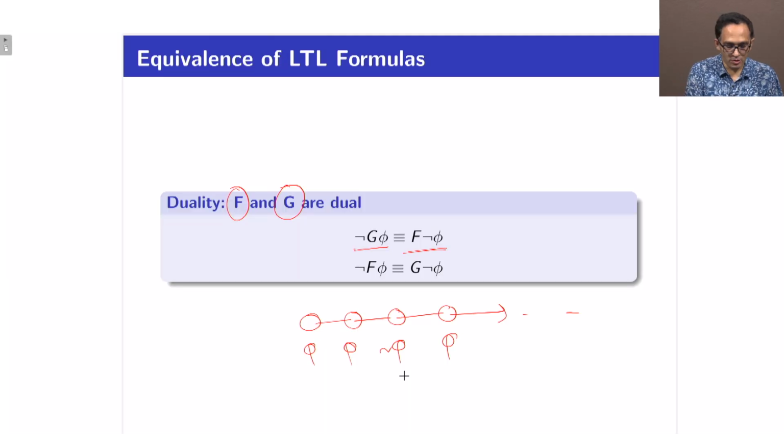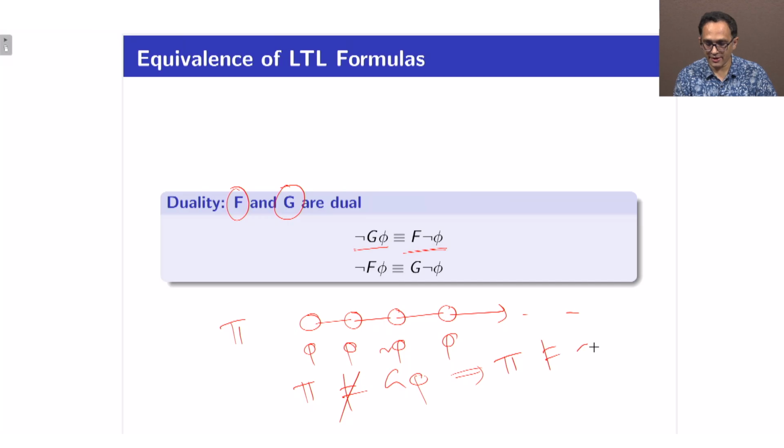Usually we write only the positive part, the things that hold, and for the rest the negation is holding there. So for this path pi, this pi does not satisfy globally phi, because for pi to satisfy globally phi every state has to have phi, but that is not the case. Or I can write this pi satisfies negation of globally phi. Does not satisfy means it satisfies the negation of the formula.